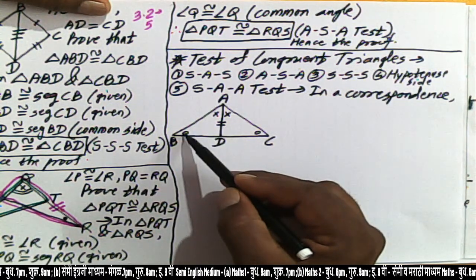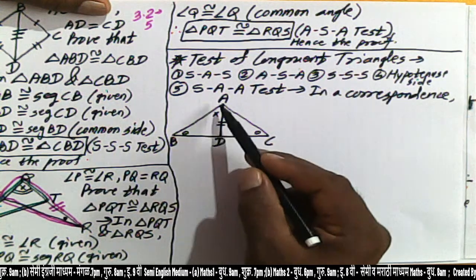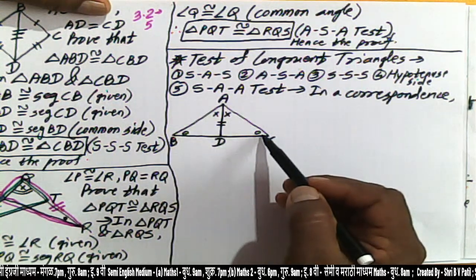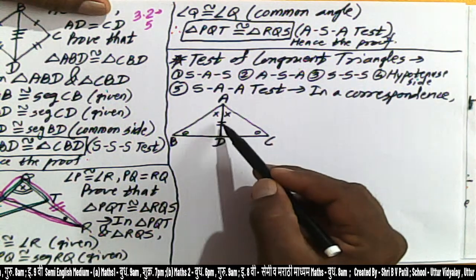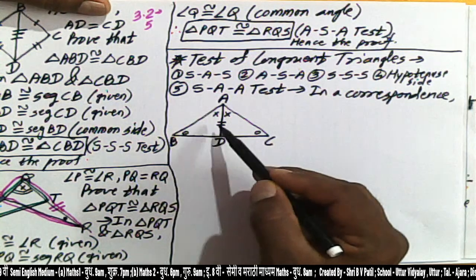Here angle B and its opposite side is AD. Here angle C, its opposite side is AD. It means the side opposite to any angle.